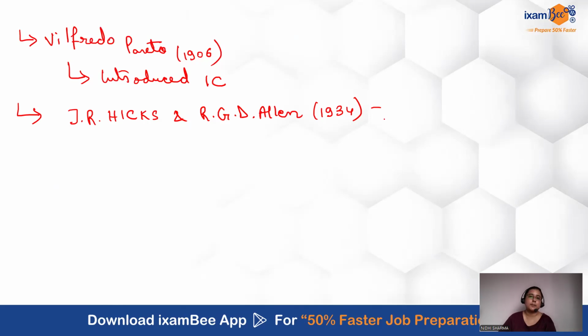That means they brought it in front of the world through a published theory. So they refined the theory into a modern form. That's why we know that Allen's name is associated with it.